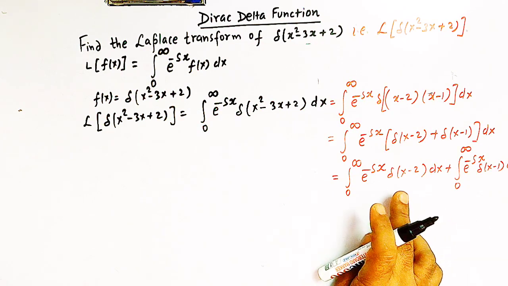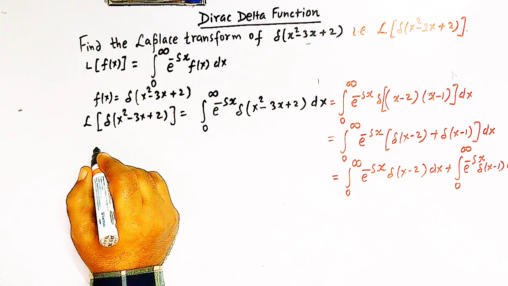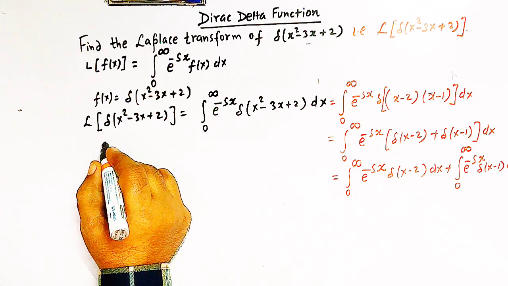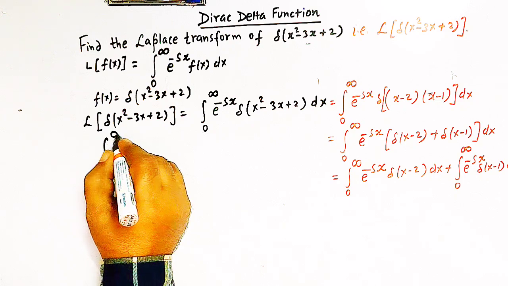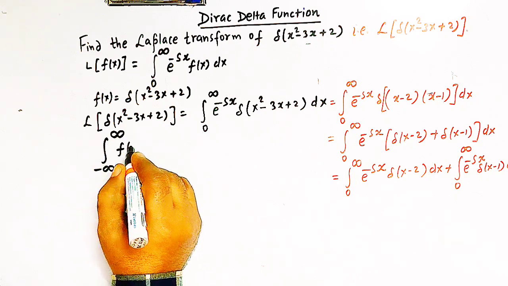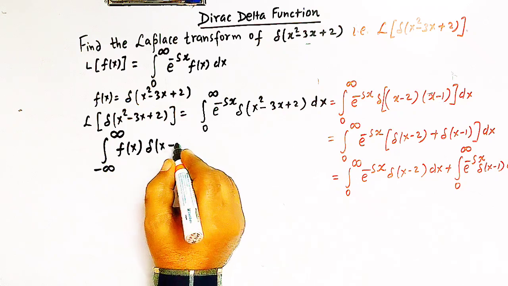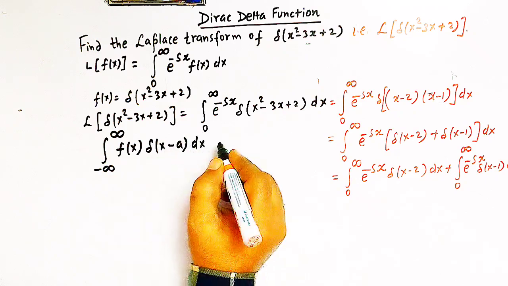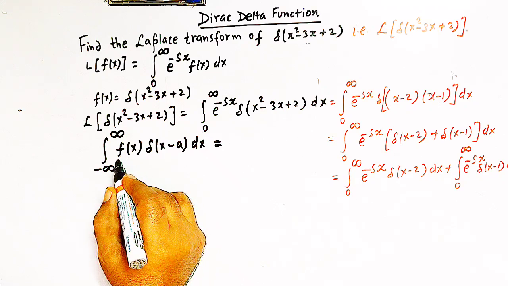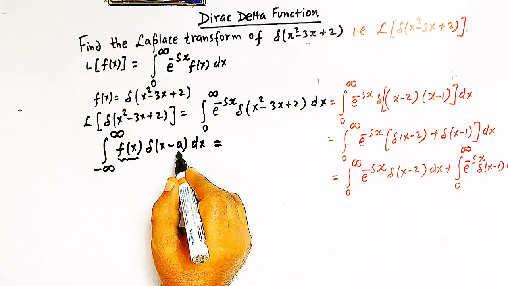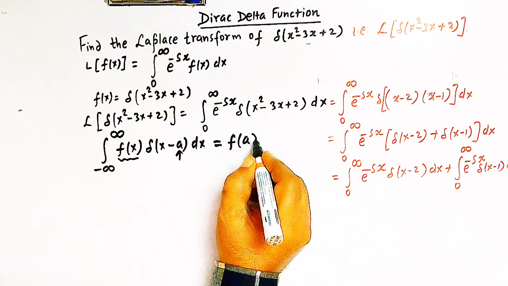So now to get the values of these two integrals, we have to make use of this definition of Dirac delta function, that is integral from minus infinity to infinity. If we have a function say f of x and delta of x minus a dx, then the value of this integral is given by the value of this function at this point, right? So we have here f of a.